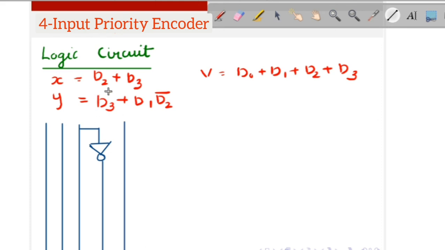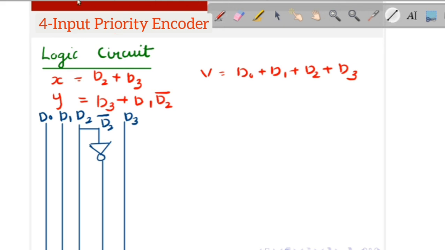So first X is equal to D2 or D3. We can mark the inputs. So D0, D1, D2, this one is D2 bar, then D3, right?